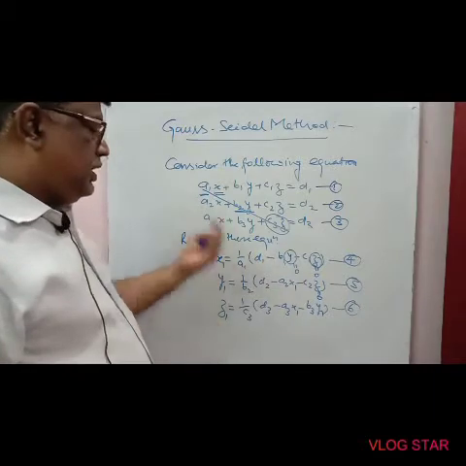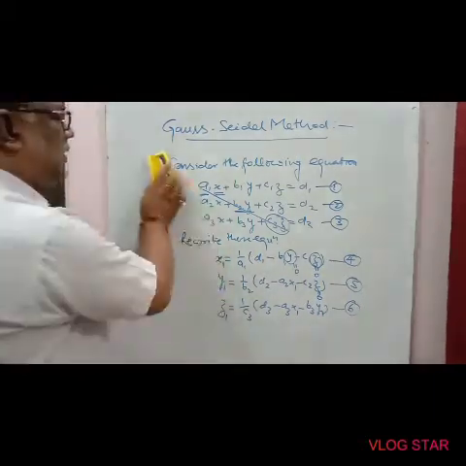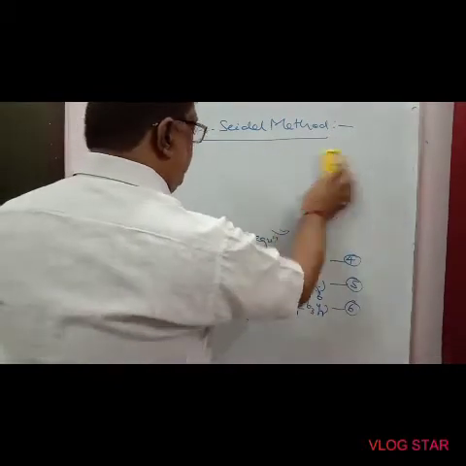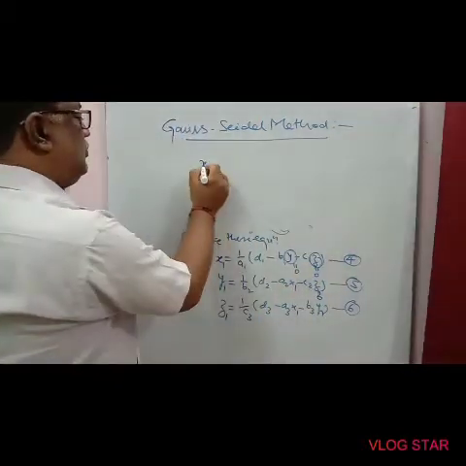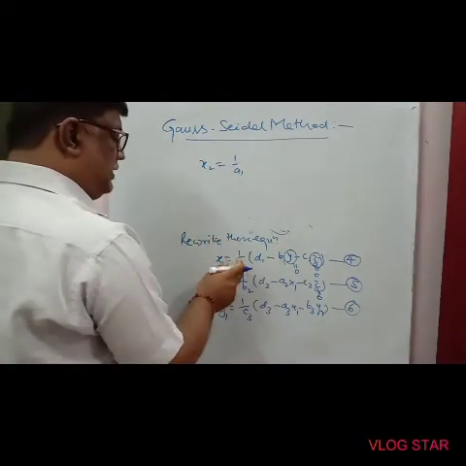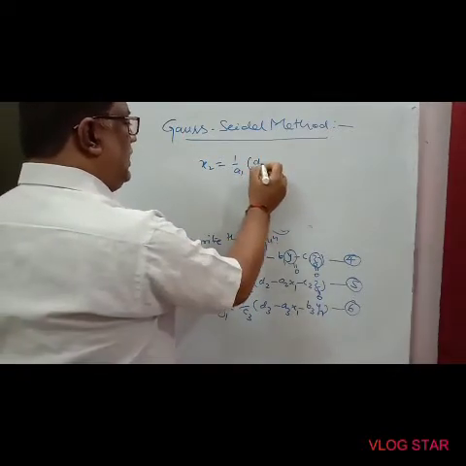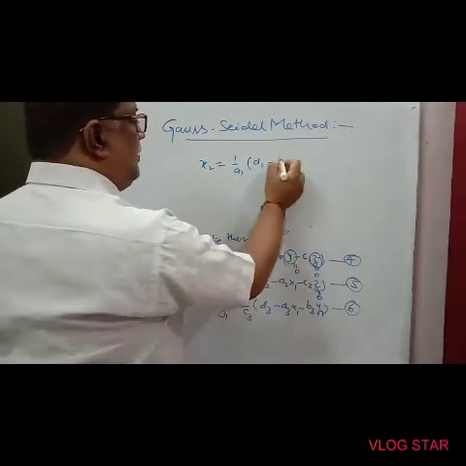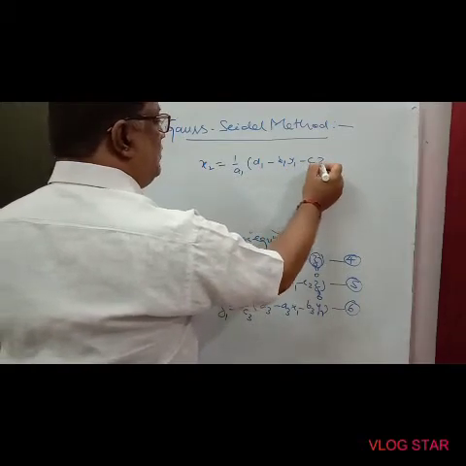Now we have to find the second approximation. For the second approximation, x2 equal to 1 upon a1, in equation number 4, d1 minus b1y1 minus c1z1.